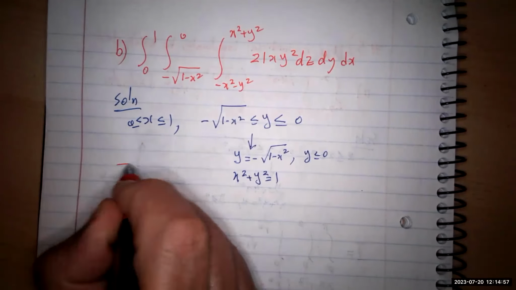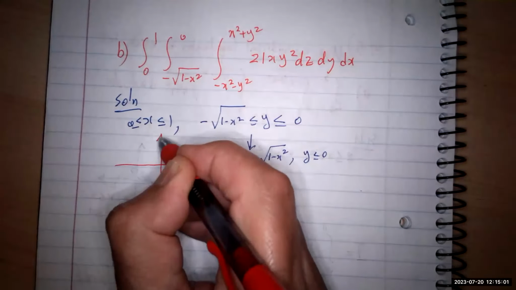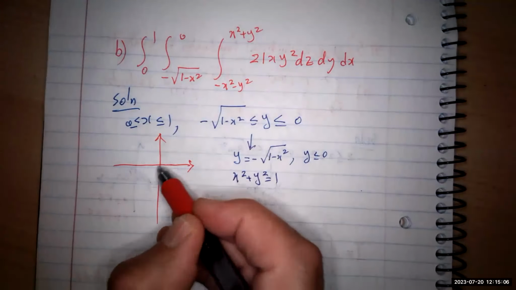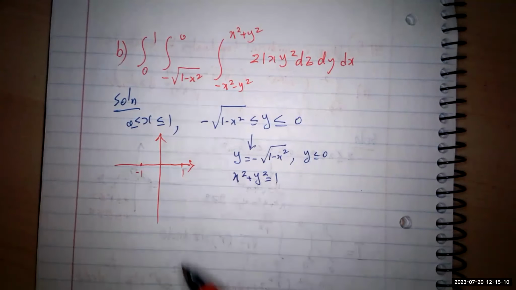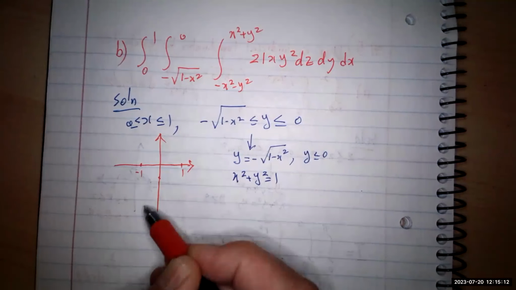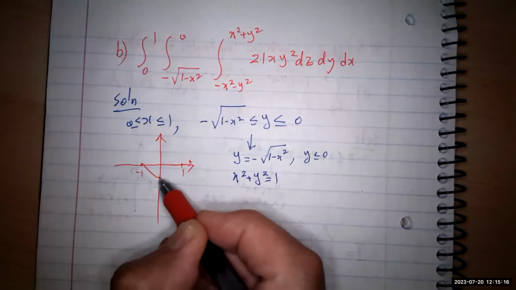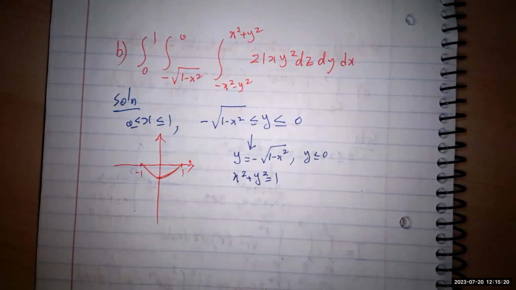So if you get an image of a unit circle, the radius is 1, and this is 1. So what you are going to consider is just the bottom part.